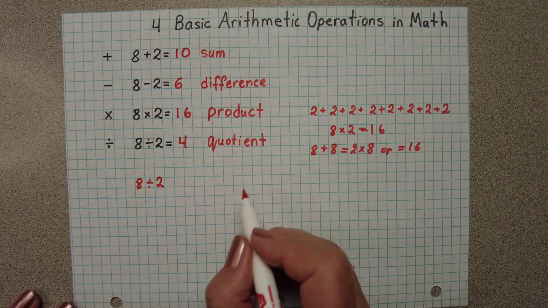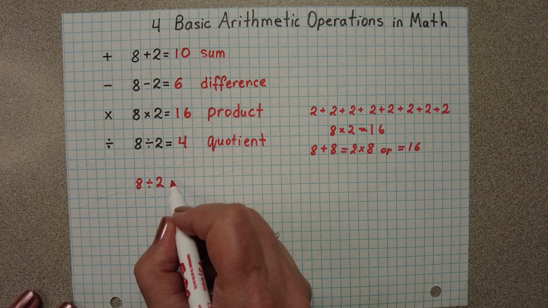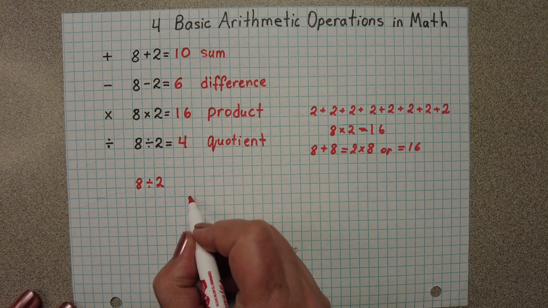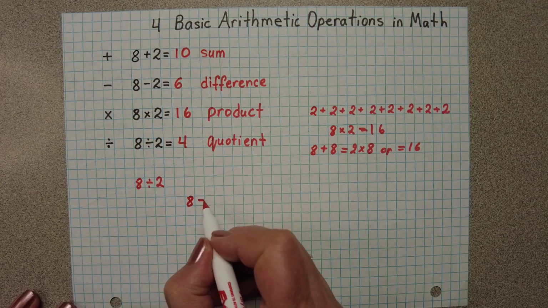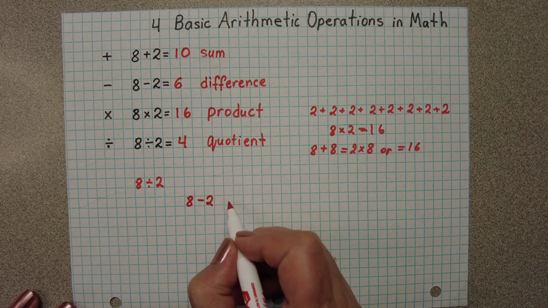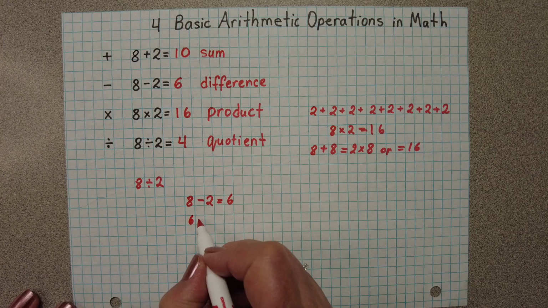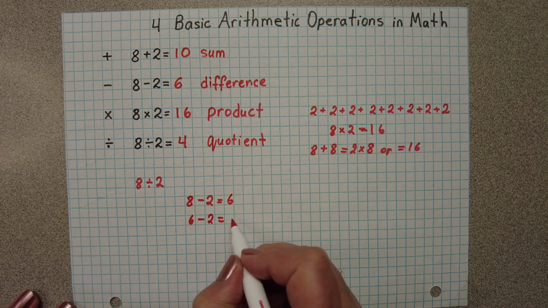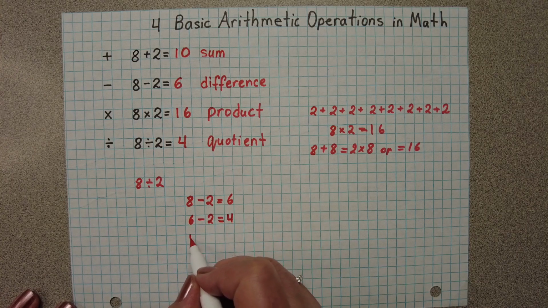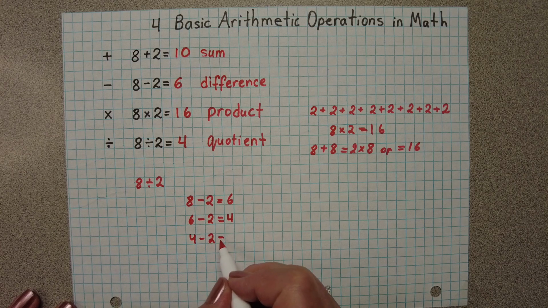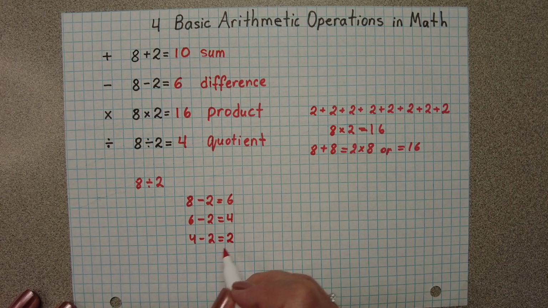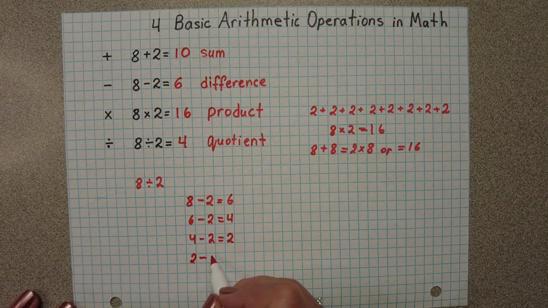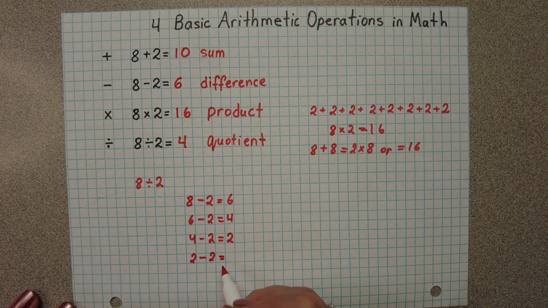If we subtract 8 minus 2 equals 6. 6 minus 2 equals 4. 4 minus 2 equals 2. 2 minus 2 equals 0.